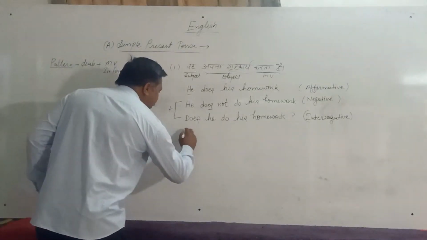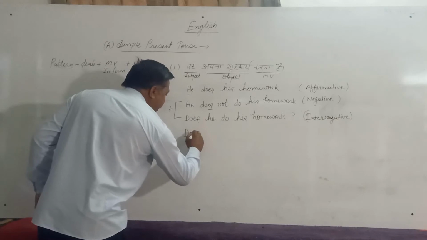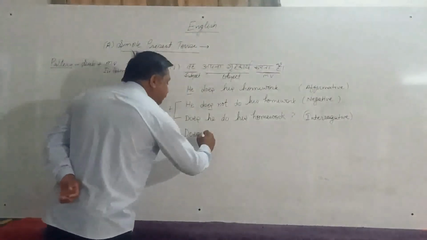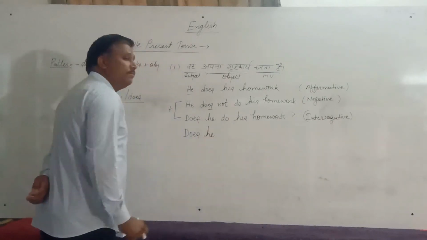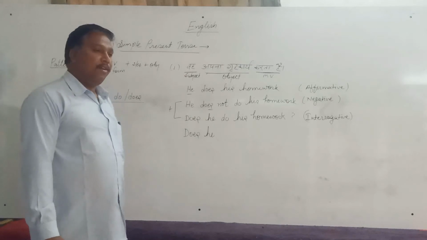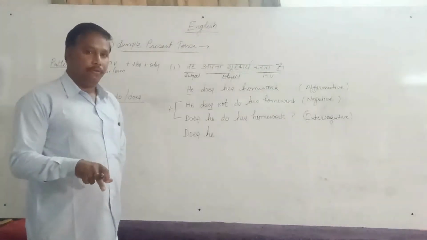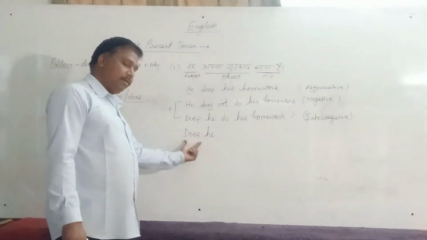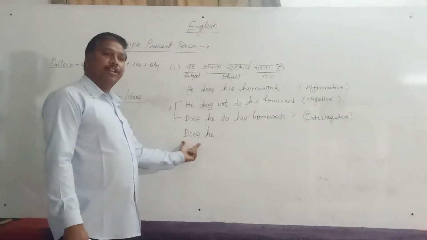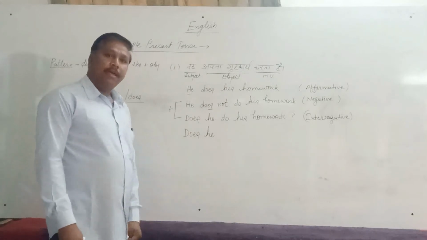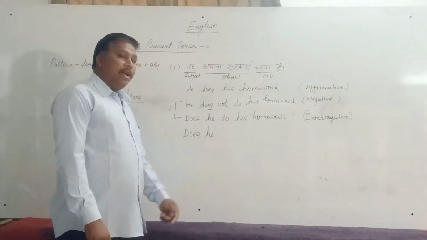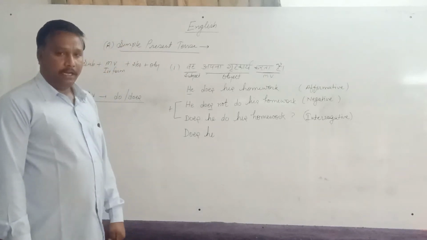So we will start the sentence with the helping verb does, and then the subject, and according to the name of the sentence, negative also. Interrogative sentences always start with a helping verb, and then we have to apply the negative word not.